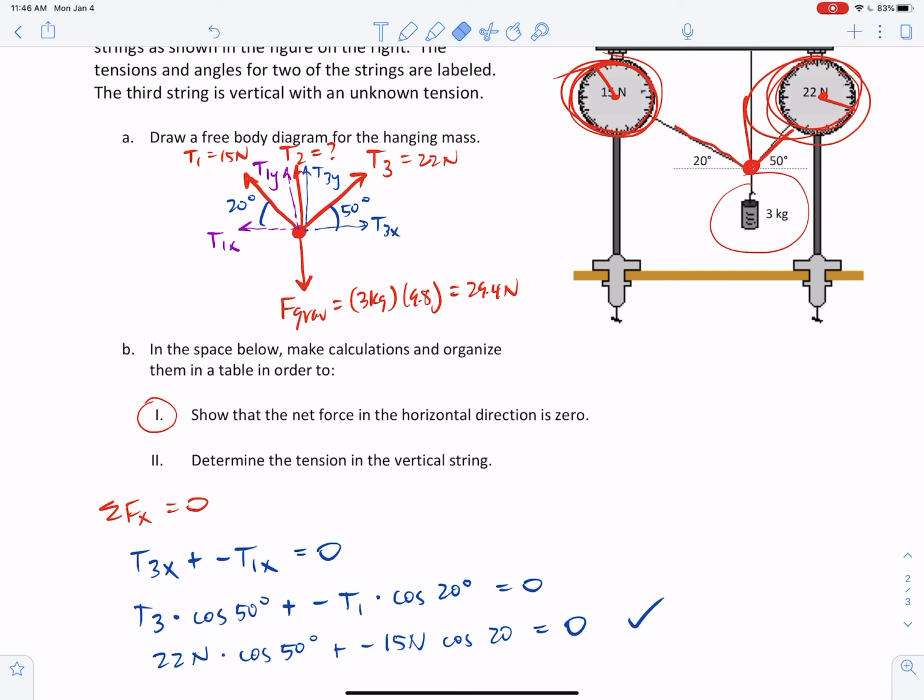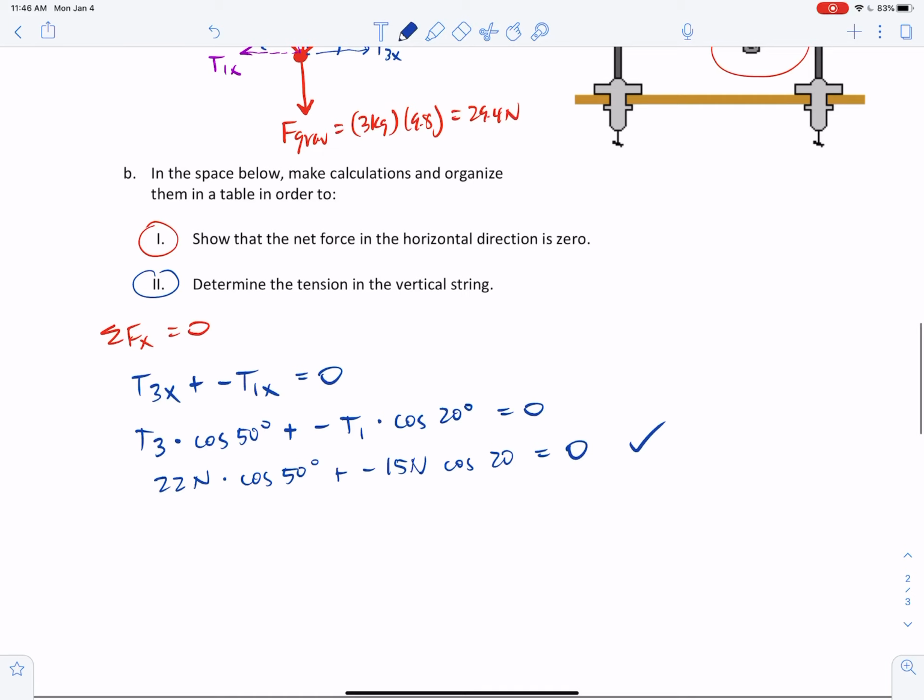Specifically, I'll help you out with the numbers here. This gives me 14.1 newtons, and this gives me negative 14.1 newtons. So that does equal 0.